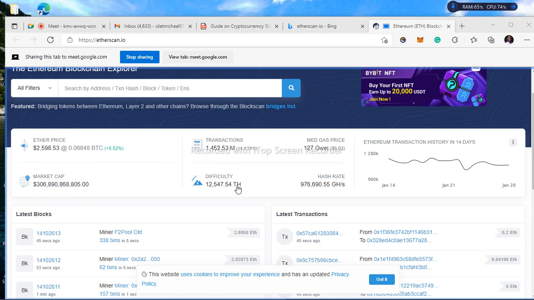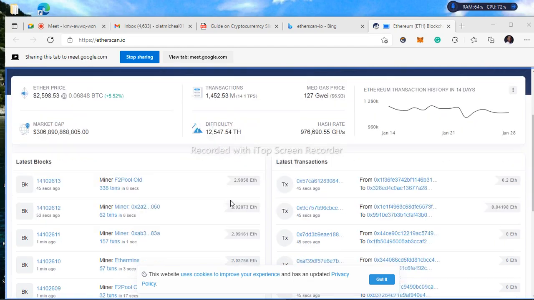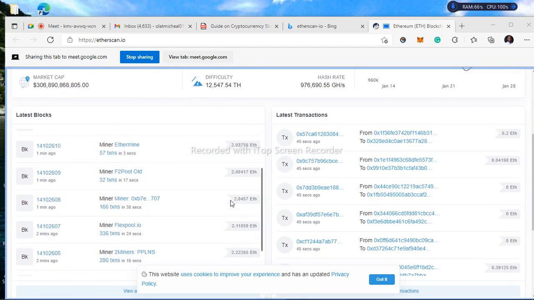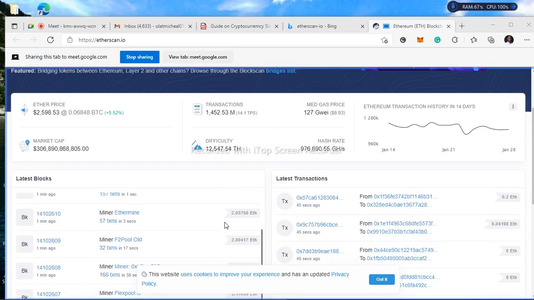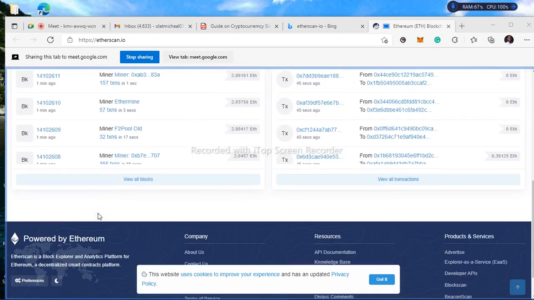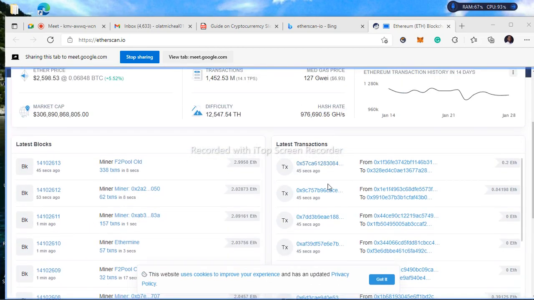Now we have the difficulty, this is the mining rates. All these are done by validators that validate transactions on the Ethereum blockchain. Now we have various informations. Okay, let's click on this latest transaction.